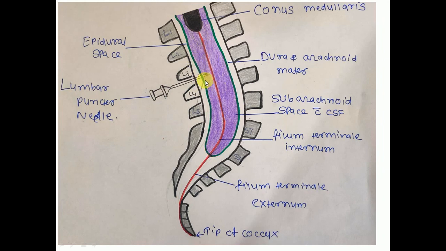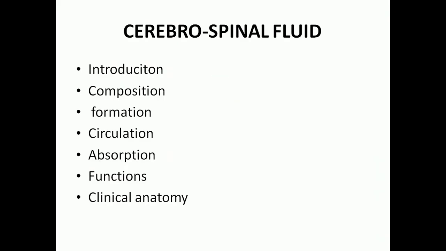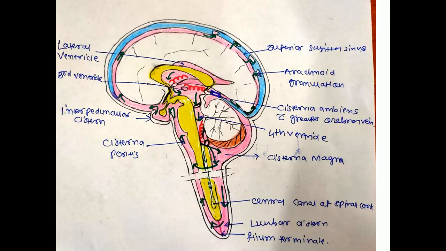This is known as lumbar cistern, typically used for lumbar puncture, for the collection of CSF for various diagnostic purposes. So this is all about the cisterns. One point you keep in your mind: cistern is nothing but a larger subarachnoid space in relation to the different parts of the brain.